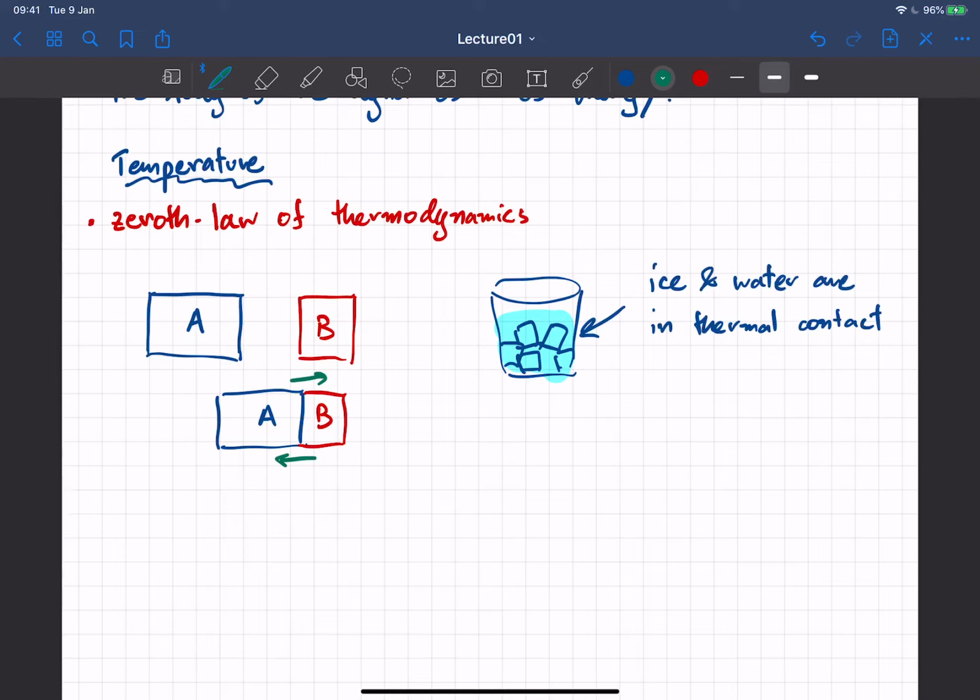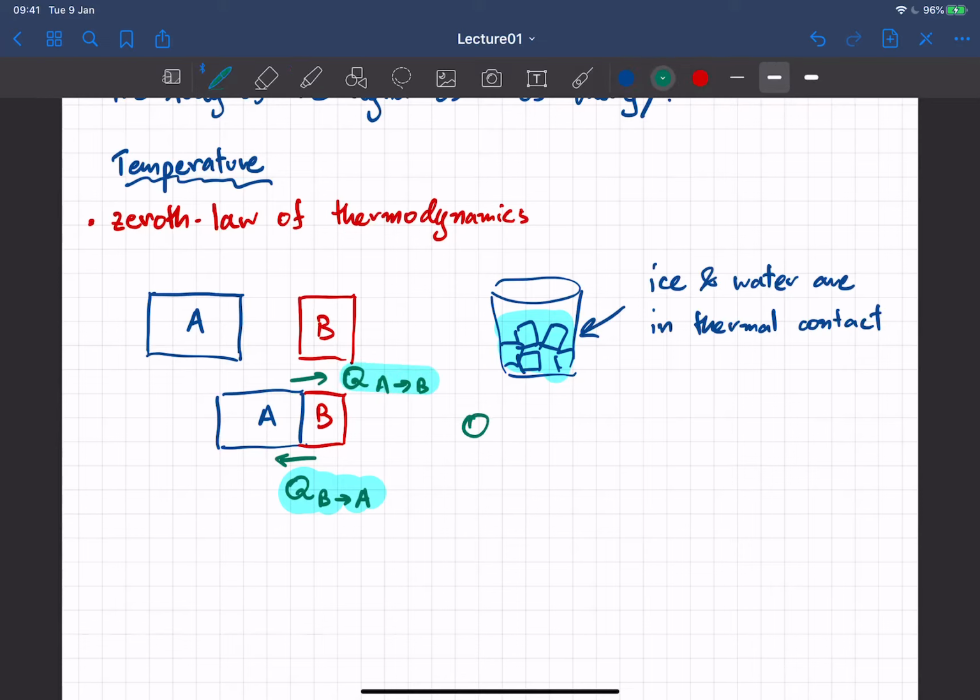And for the flow of energy, we're going to use the letter Q. Right. So in this case, we can say it's Q from B to A. Right. Use this way of writing. And up there, we can write Q from A to B like this. Okay.